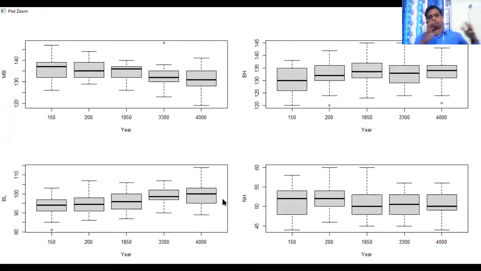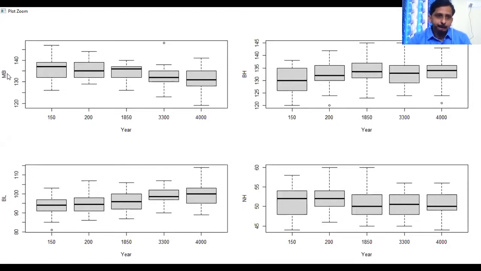Now, what are all the observations we made so far? Now it is clearly visualized here. See, the nasal height across the years is more or less near to each of the pair of mean differences. Even height looks the same.